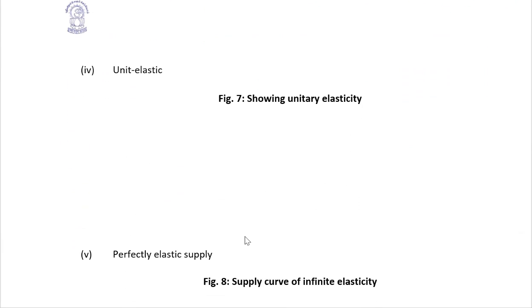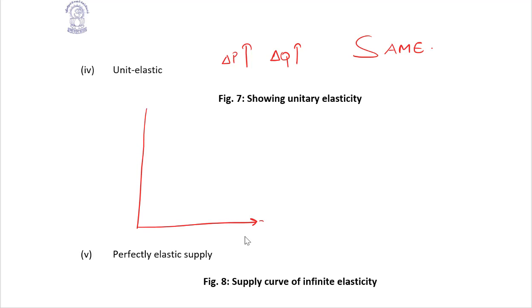Let's move ahead. Unit elastic. That means the change in price and the change in quantity will be the same. See this graph. Over here on y-axis we are plotting price, on x-axis we are plotting quantity.